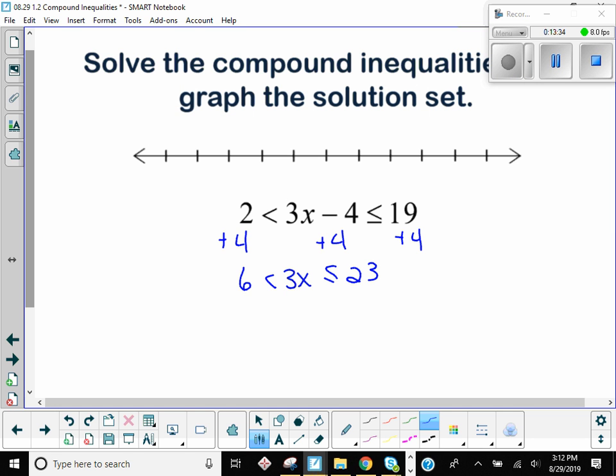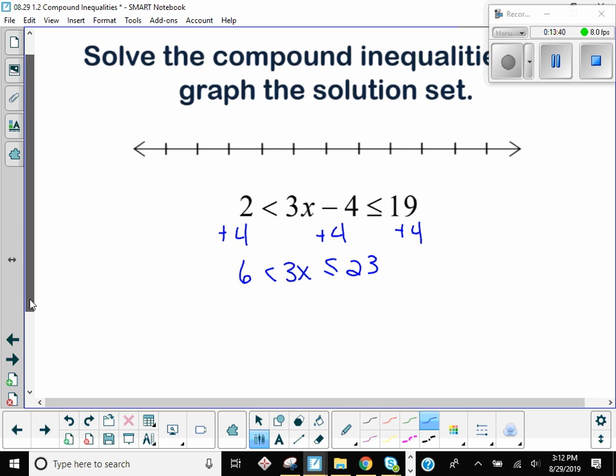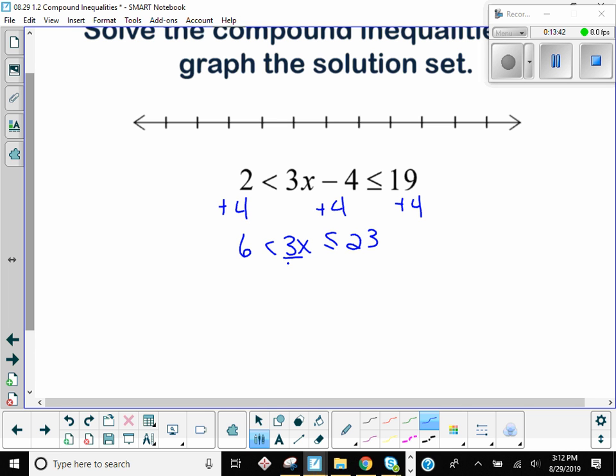What next? Divide by 3. You're going to do that in all 3 places. So I have 2 less than x less than or equal to 23 thirds.